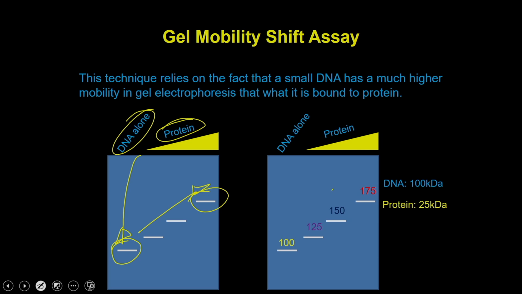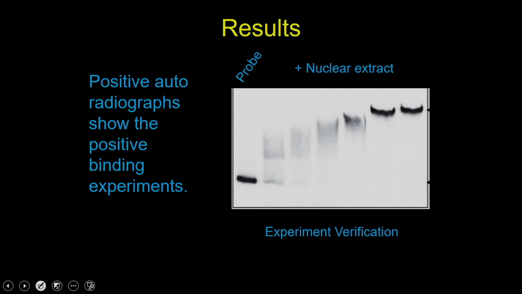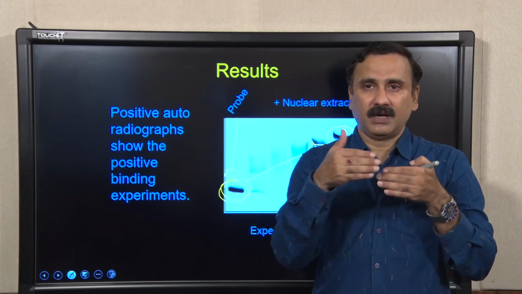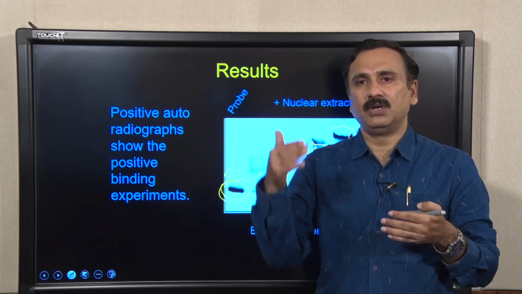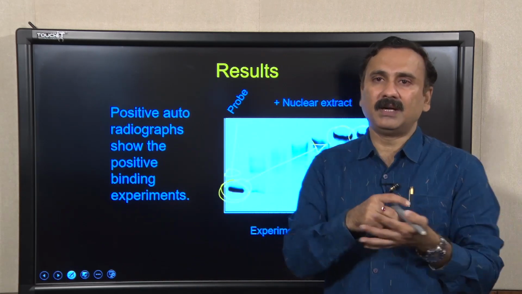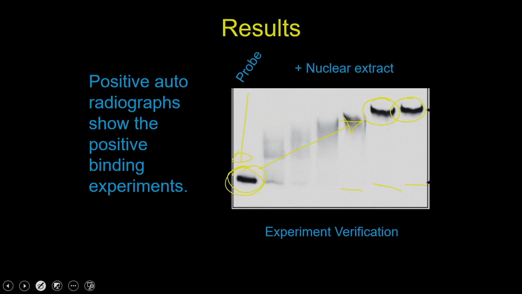The results look something like this, where you have the DNA alone, and then when you add the protein, the DNA shifts: this shows more electrophoretic mobility, and this gives you less. And if required, you can do verification experiments where you add the unlabeled probe, which competes with the labeled probe, and you see the labeled probe coming out of the reaction.